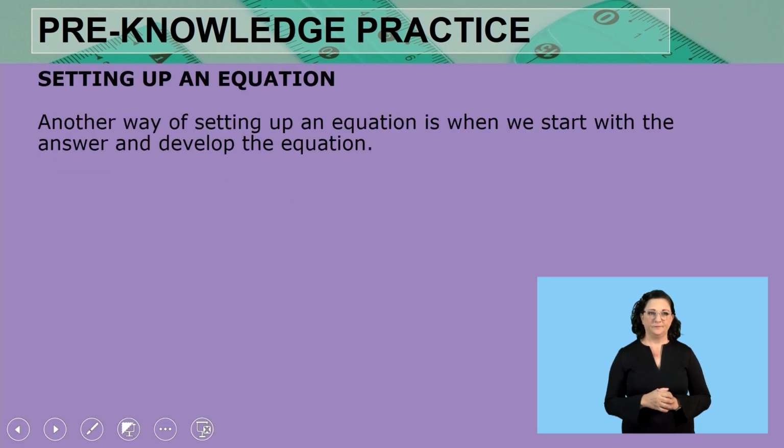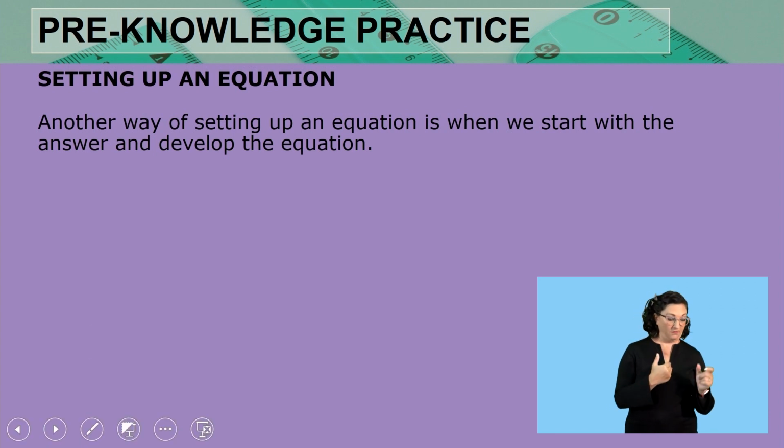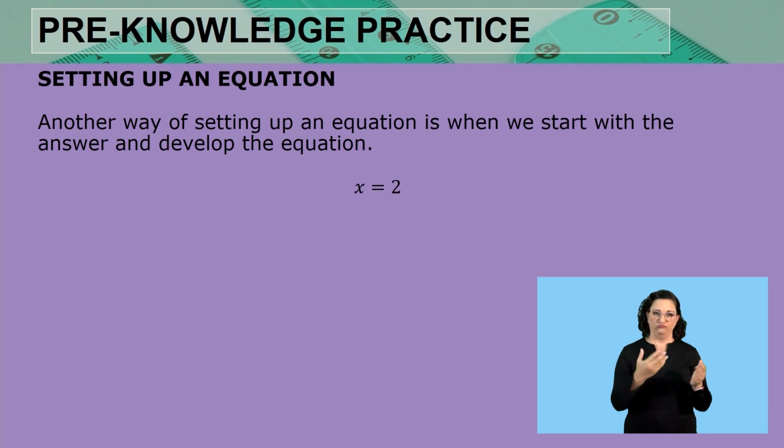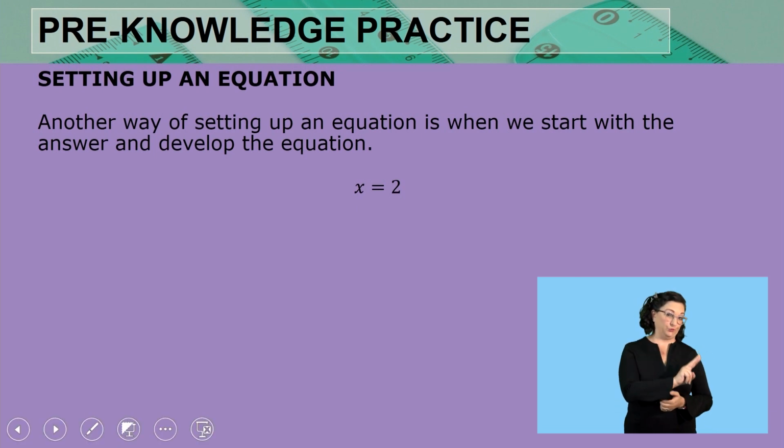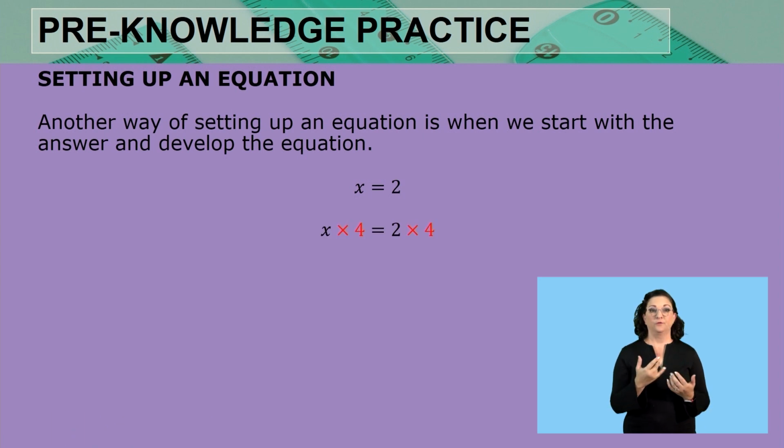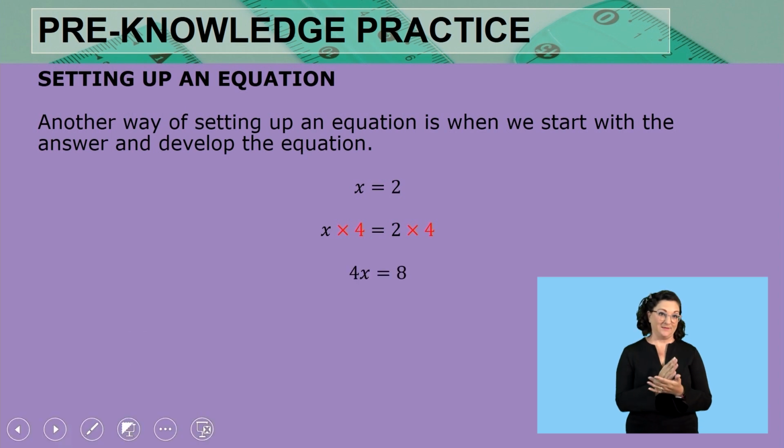So another way of setting up an equation is when we start with the answer and then we develop that equation. So for example, let's say the answer is x equals 2. Now if x equals 2, let us multiply both of these values, the value and the variable, by 4. So if I multiply both sides by 4, what does that give me?